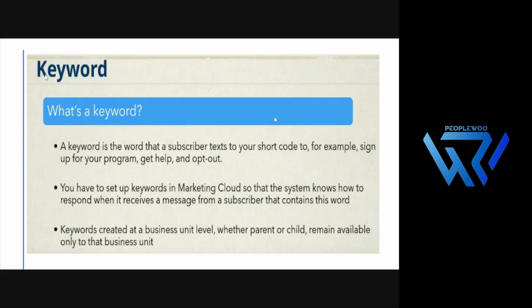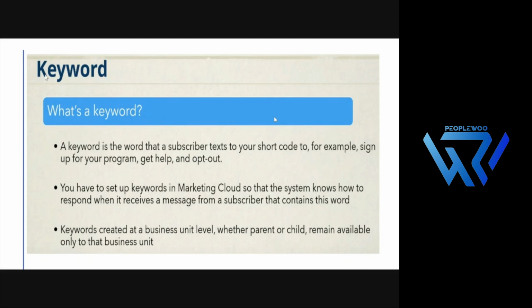You have booked a flight and you want to get the current status of the flight. You can send your PNR number to a certain code and they will send you the status. So, guys, these are the keywords which your customers use to interact with your brand.